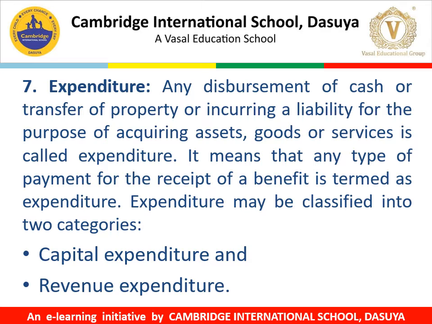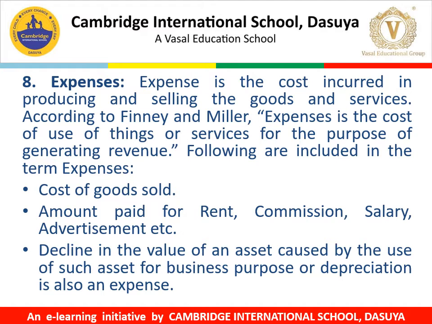It means that any type of payment for the receipt of a benefit is termed as expenditure. Expenditures may be classified into two categories: capital expenditure and revenue expenditure. This we will discuss later on. The next accounting term is expenses.